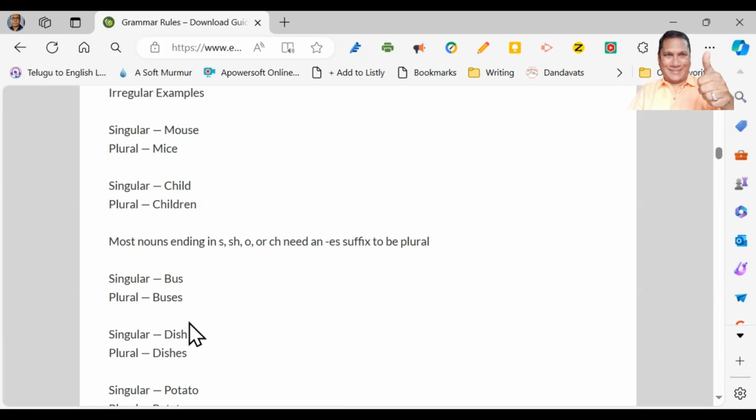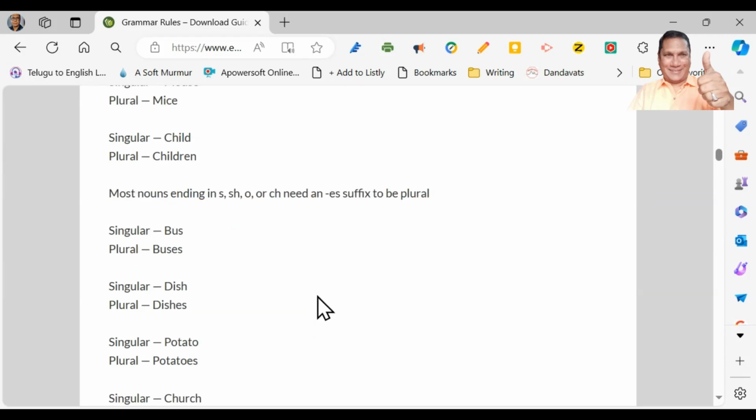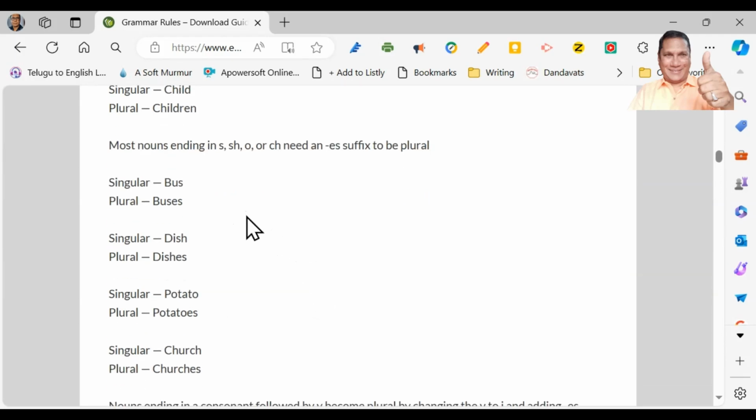Example is bus, buses. If the noun ends with sh, like dish, you have to add es to get plural. In the same way, if the noun ends with o, you have to add es to get plural.